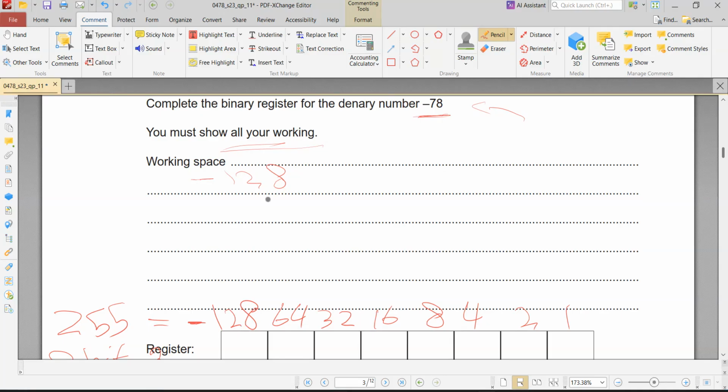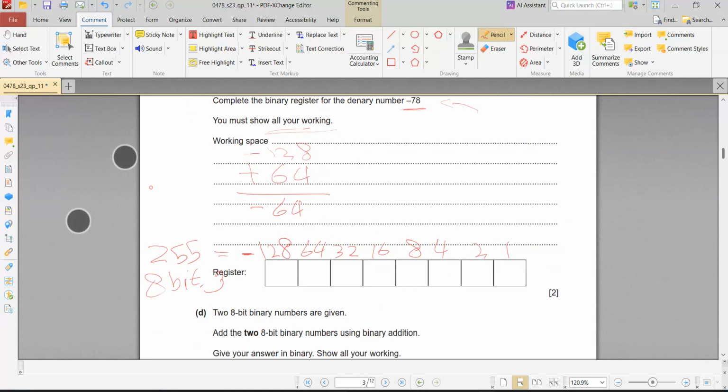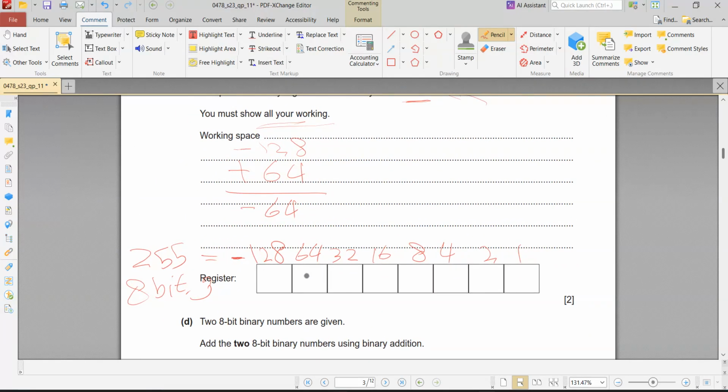So to do this, I add the 128 to the 64, and it gives me negative 64. So that means I use the 64 register, counting the 0 in here because it's negative, so I have to put 0 in here. So it's giving me a near number to negative 78.